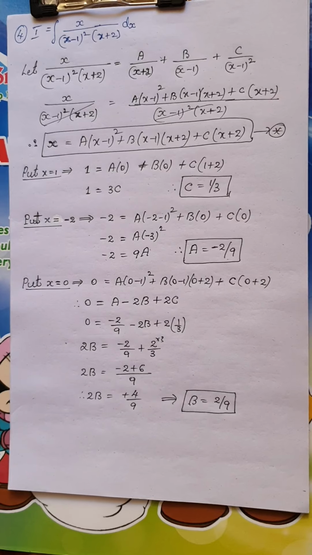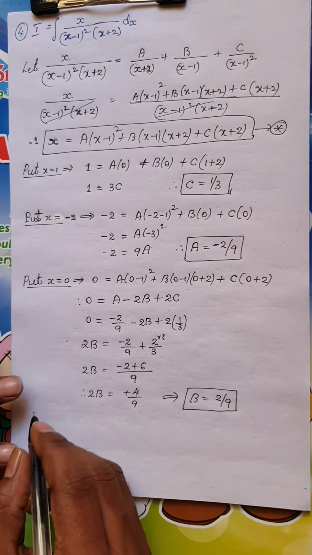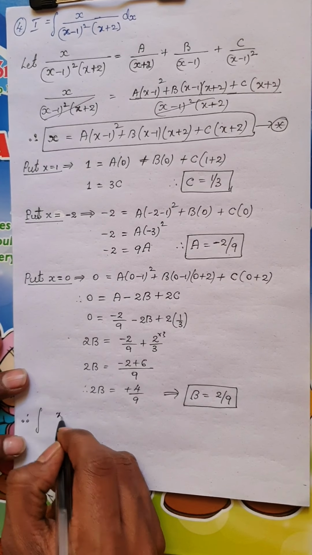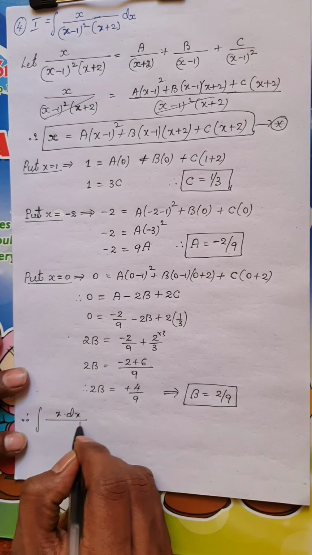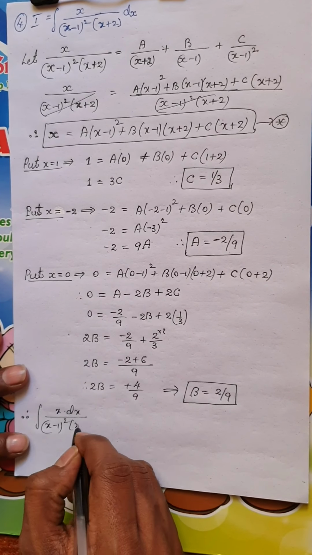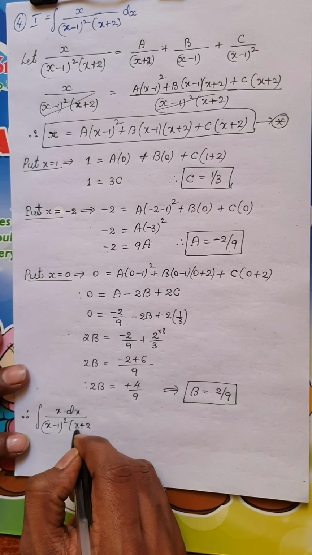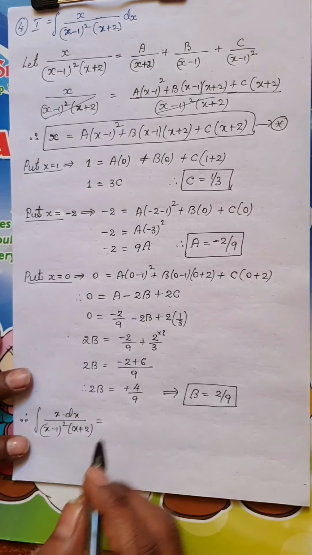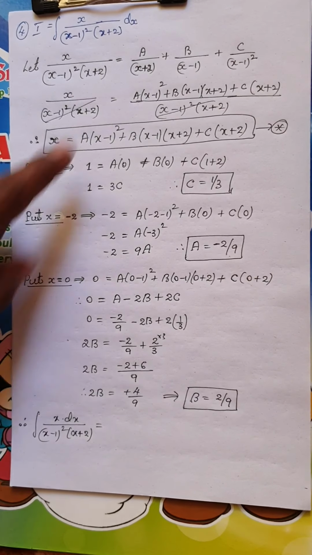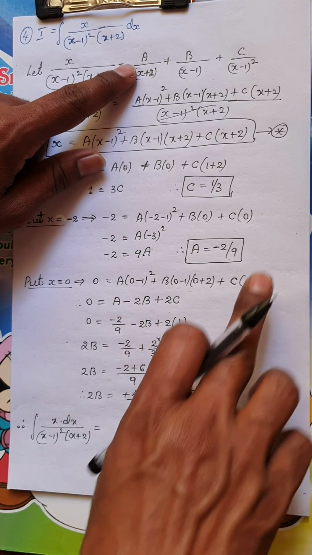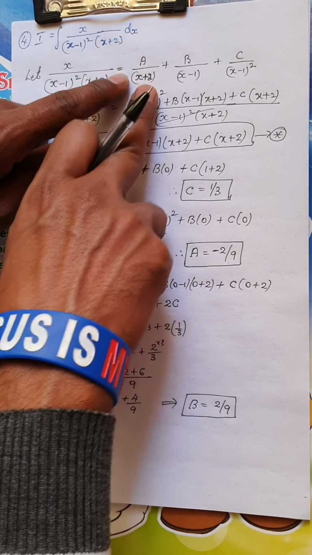Now, I am going to split the integral as follows. Remember, the integral of x dx divided by x minus 1 whole square into x plus 2 can be written as, first, what is the value of a? A is minus 2 by 9, so I can directly split this, a divided by x plus 2.